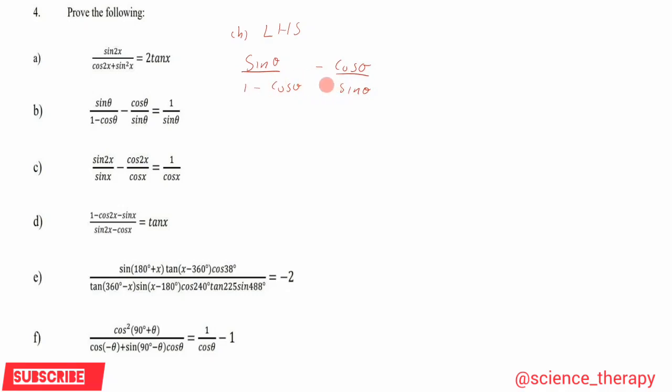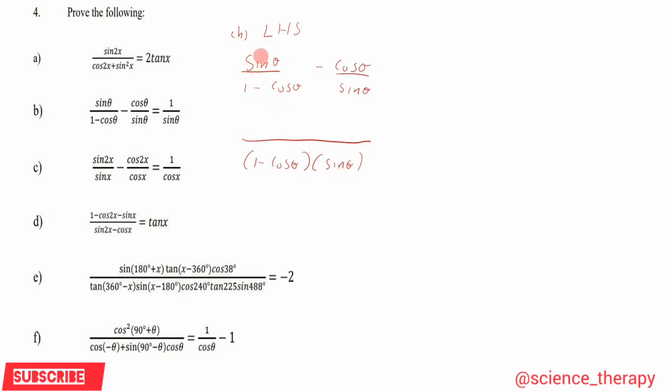Now at this point, we can see that the denominators are not the same, so we can make our LCM by just multiplying the denominators there. So that's 1 minus cos theta and then sine theta. Now we understand that if we take all of this divided by the denominator here, this and that will cancel and we'll only be left with sine theta.